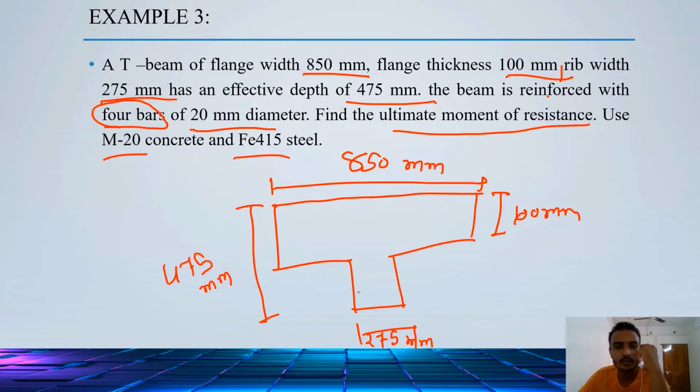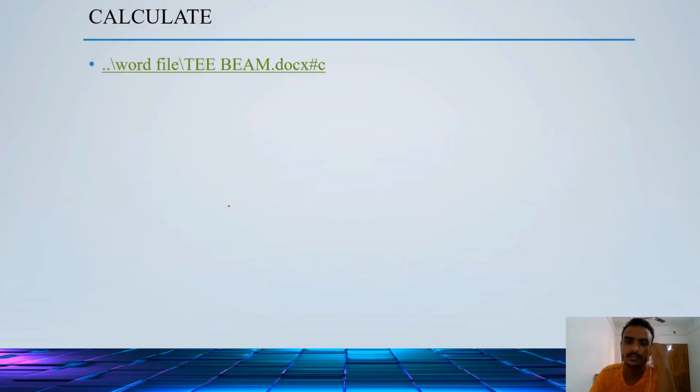The beam is reinforced with 4 bars of 20 mm diameter. Find ultimate moment of resistance. Use M20 concrete and Fe415 steel. These are the given data. So let's start the analysis.